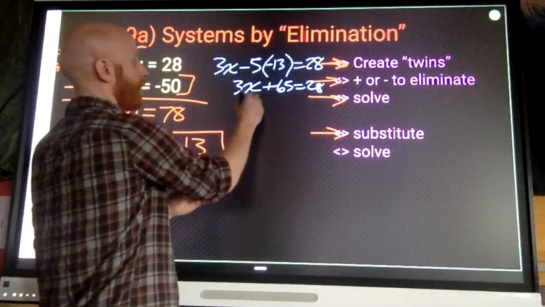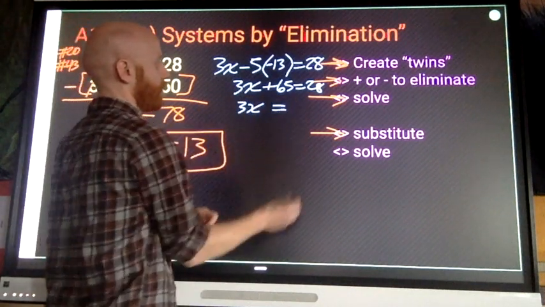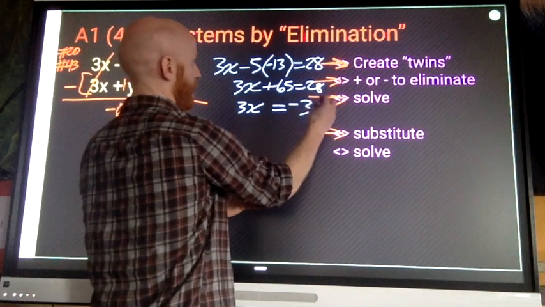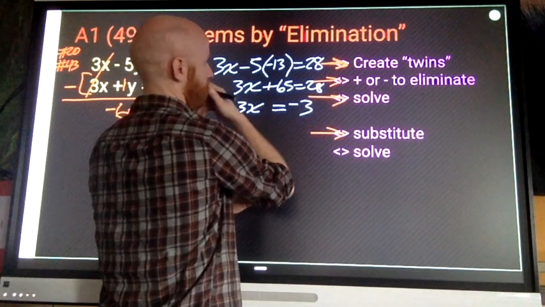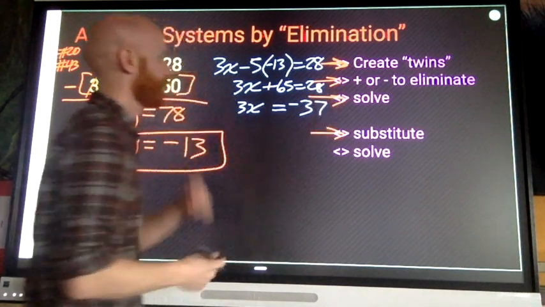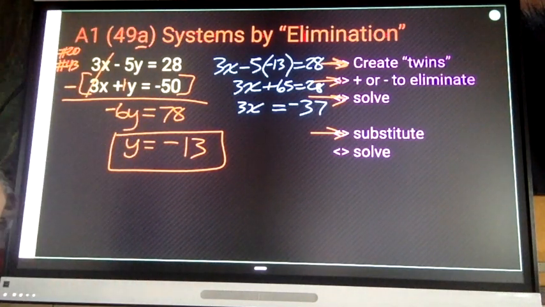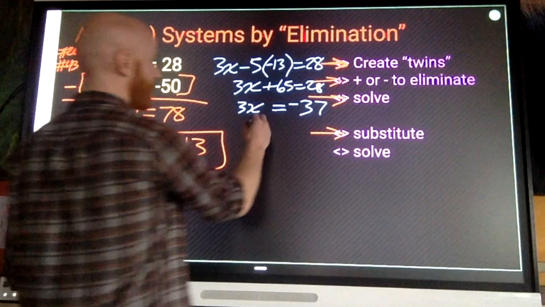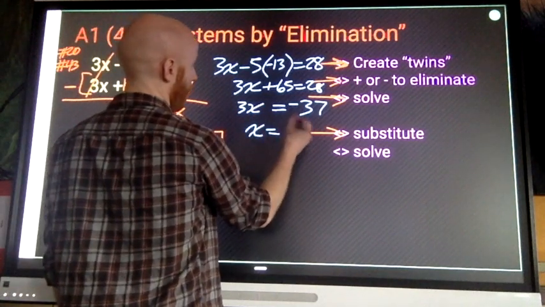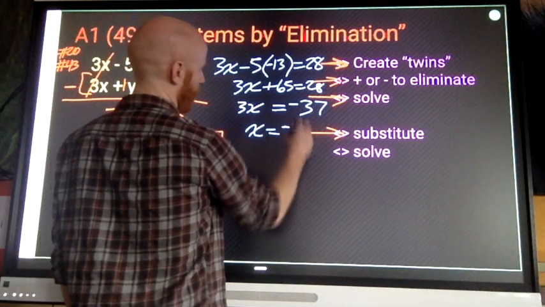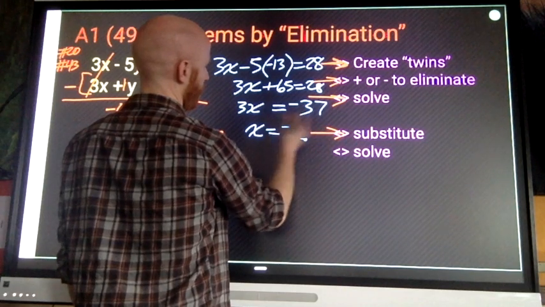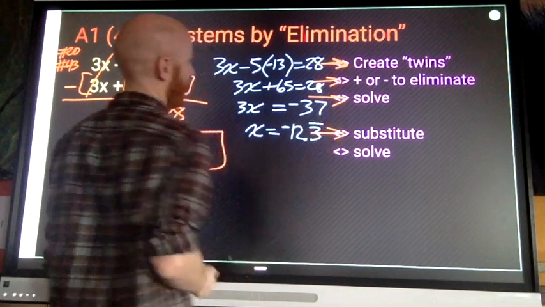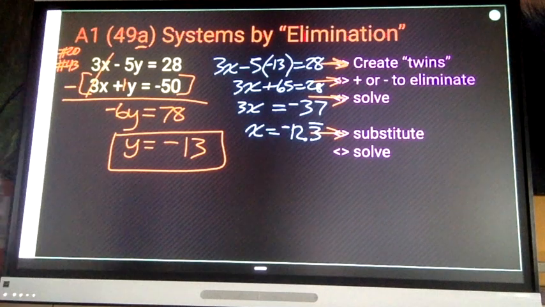Subtract 65 from both sides. 3x equals negative 37. And then divide by 3 on both sides. x equals negative 12.3 repeating.